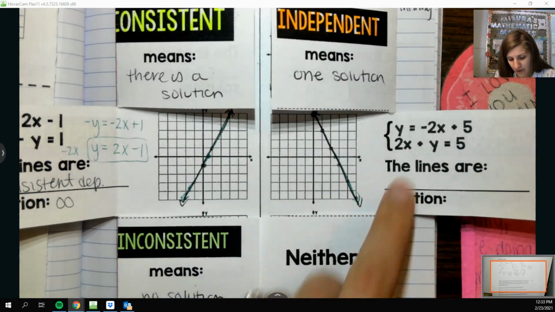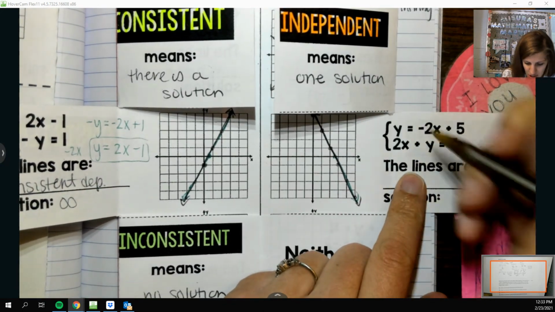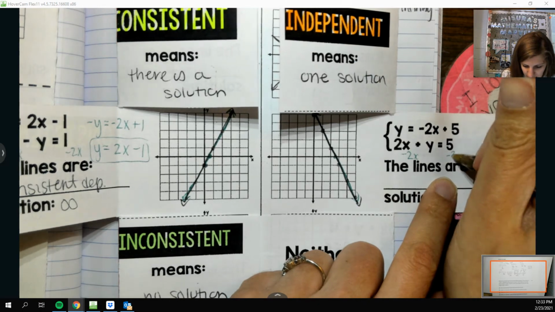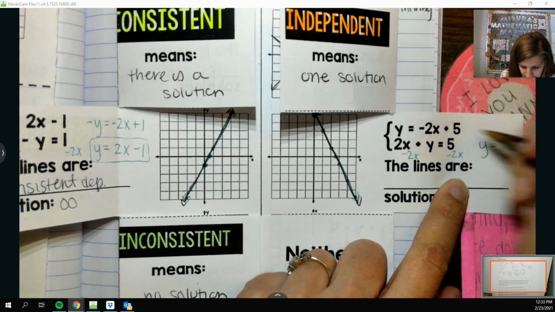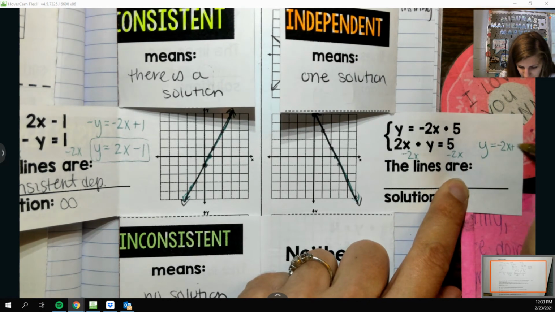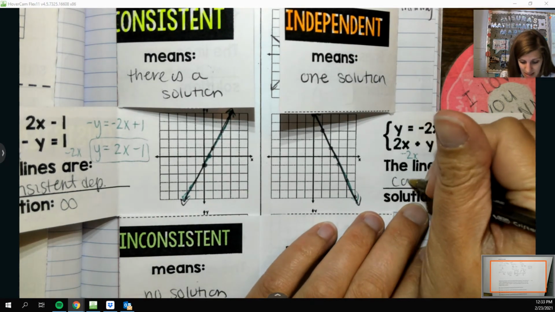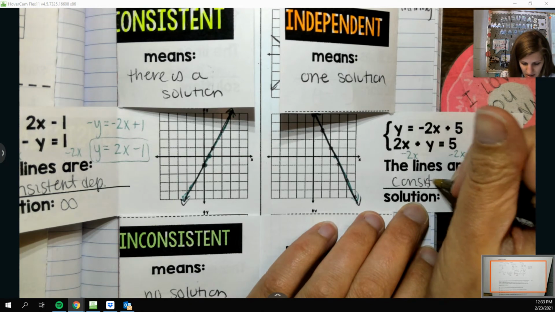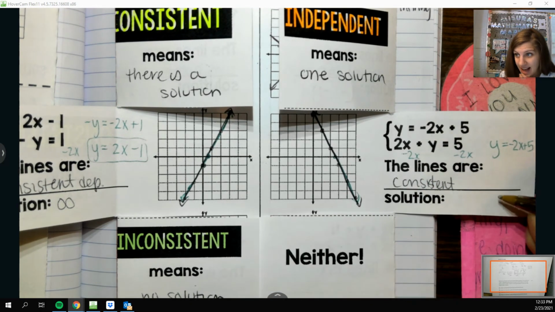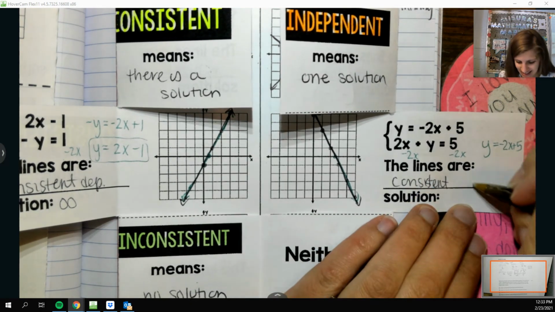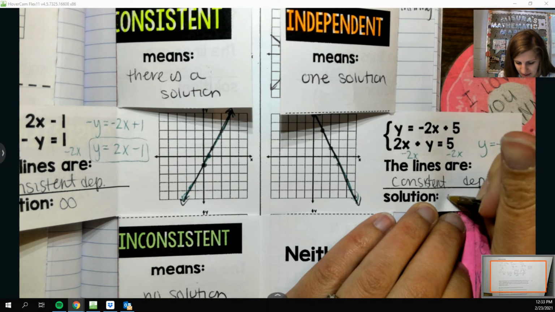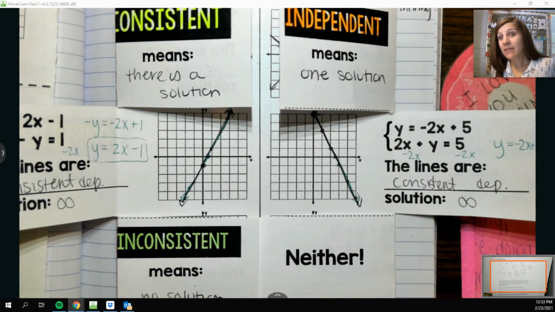And if you want to solve for y in that bottom one, we would just subtract the 2x. And I think we would see that we have the same exact equation up here, -2x plus 5. So when they touch all the time, that is consistent. I keep forgetting that second S. Consistent dependent. And they have infinite solutions because they're touching all the time.